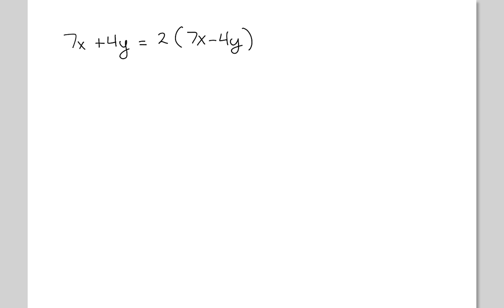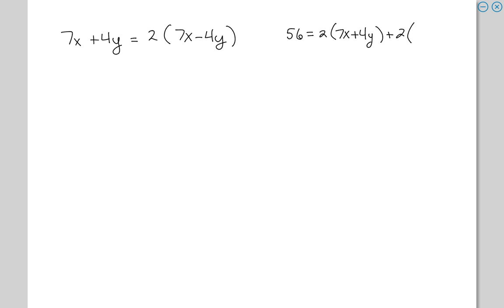And over here we had 56 equals... Okay, so with these two equations involving x and y, you have to simplify them and then line them up in columns and then do elimination. You guys remember all that?